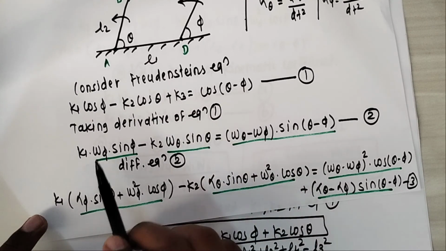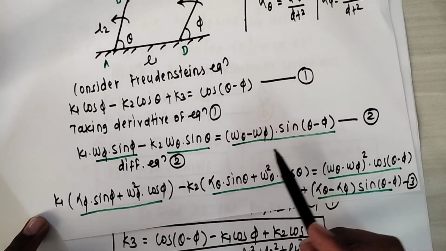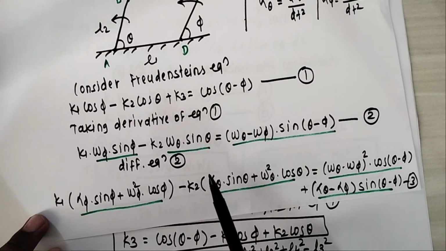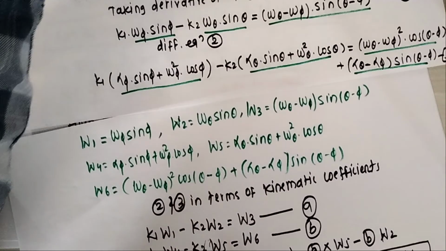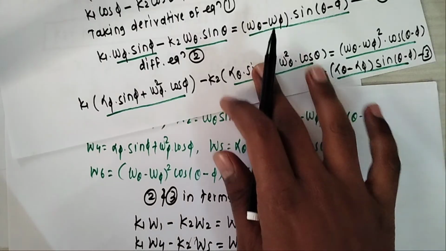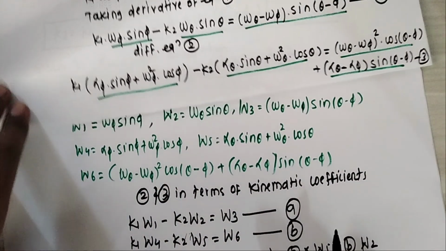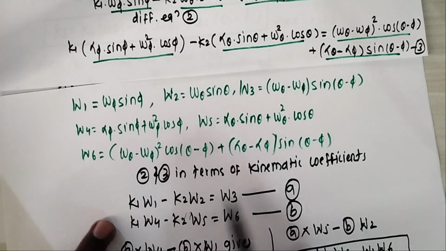The coefficients of k1, k2 and the right hand terms are called kinematic coefficients. We write W1, W2, W3, W4, W5, W6 from these two time derivative equations.